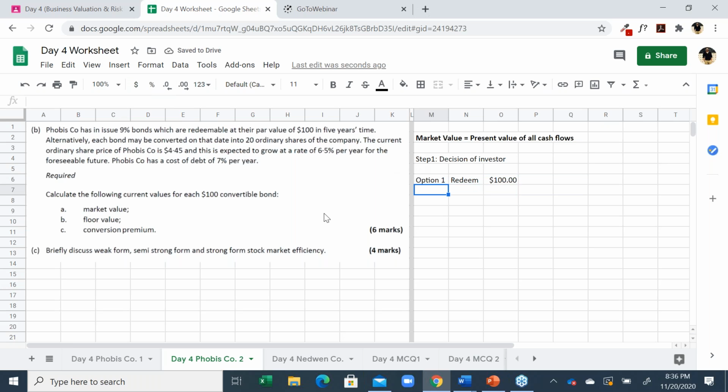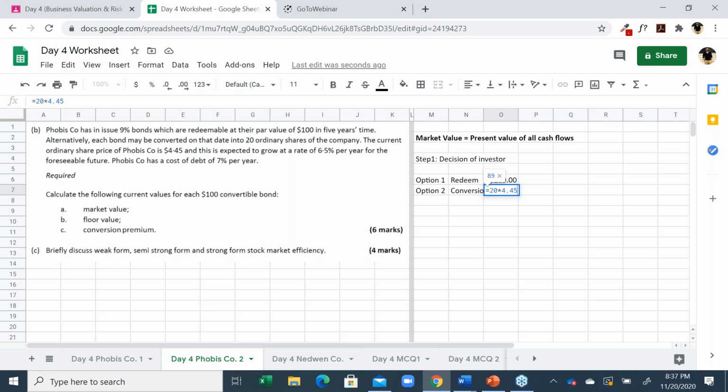The second option is, alternatively, each bond may be converted on that date into 20 ordinary shares of the company. And the current price of the share is 4.45, which is expected to grow at 6.5% per year. So option two is to get shares, that is conversion. And if it converts, it will get 20 shares. And what will be the price of each share at the time of conversion? That's what we need to find out. So we need to multiply 20 by the current price, 4.45.